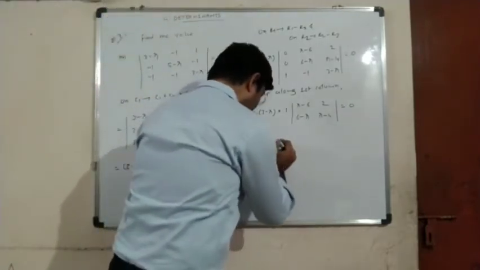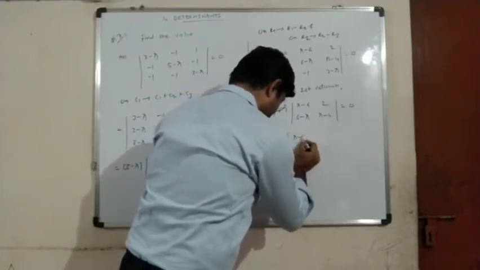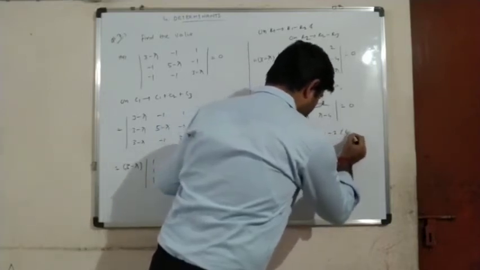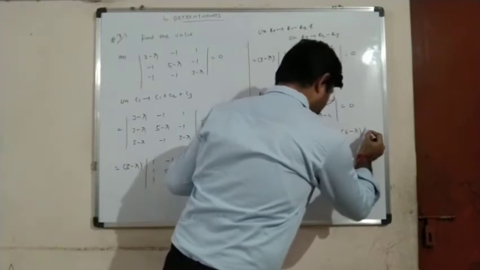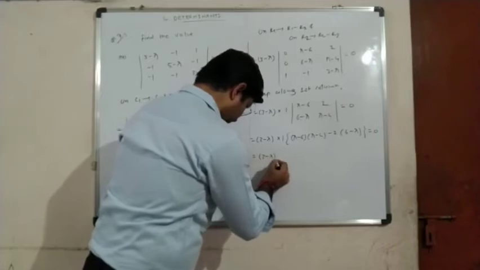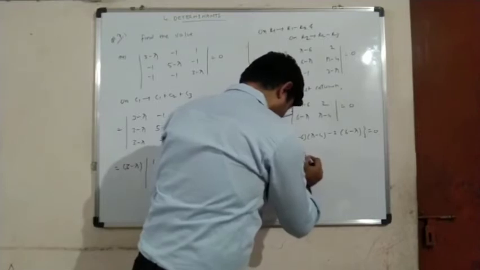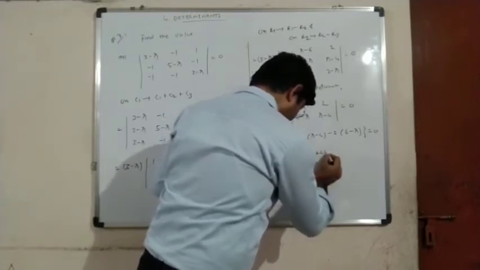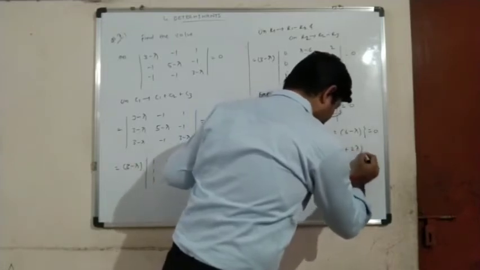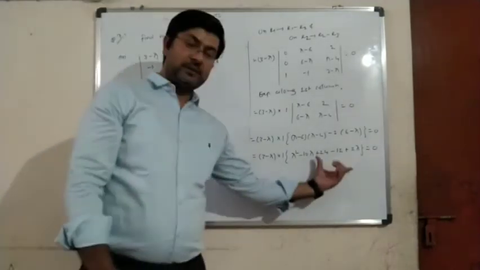So 3 minus lambda into 1 into (lambda minus 6)(lambda minus 4) minus 2 into (6 minus lambda) is equal to 0. So 3 minus lambda into 1 into lambda square minus 10 lambda plus 24 minus 12 plus 2 lambda is equal to 0. We will simplify this expression inside.